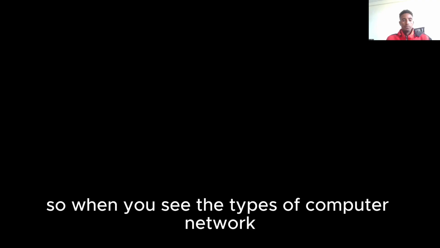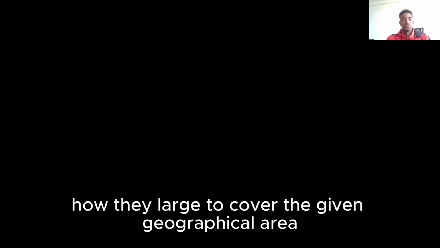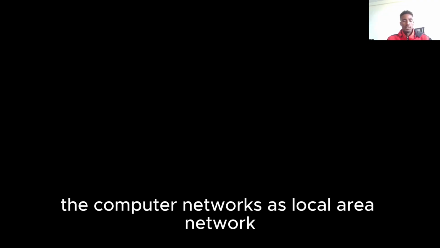When you see the types of computer network, we have to understand how they cover a given geographical area. Based on this, we can classify computer networks as local area networks, metropolitan area networks, and wide area networks.